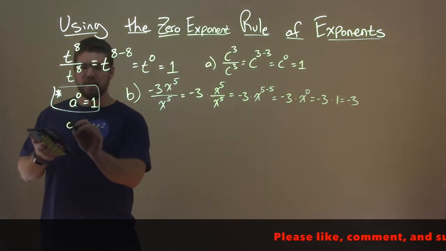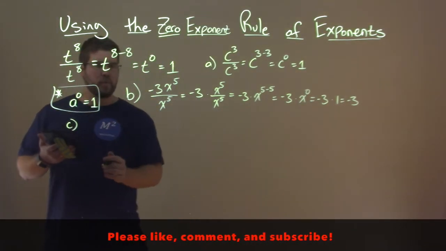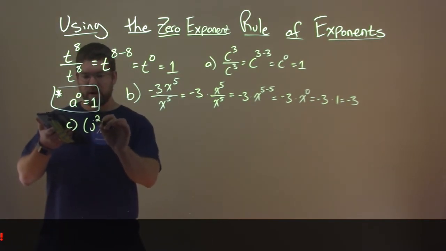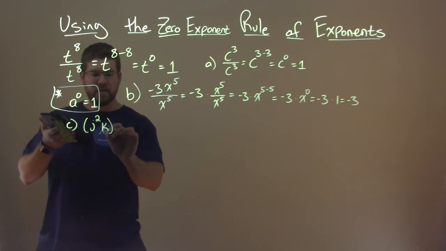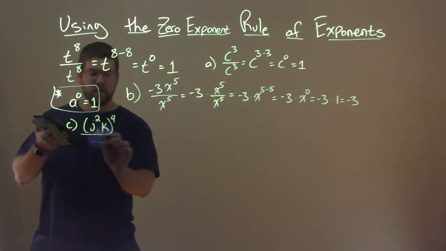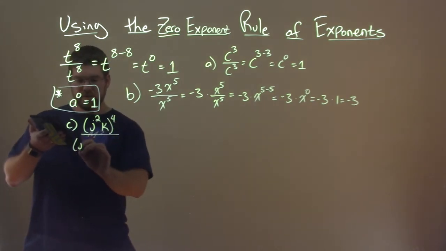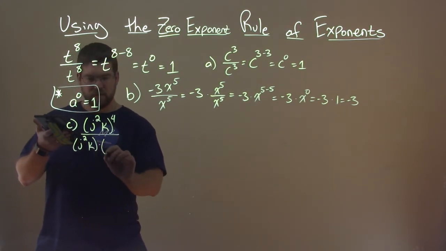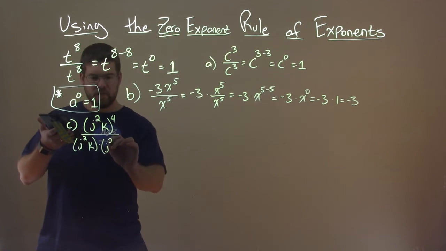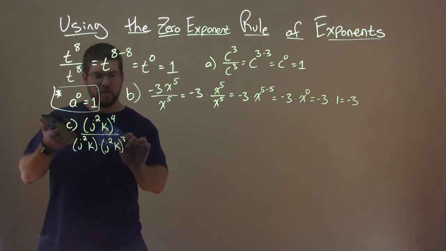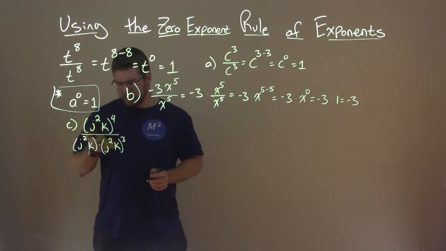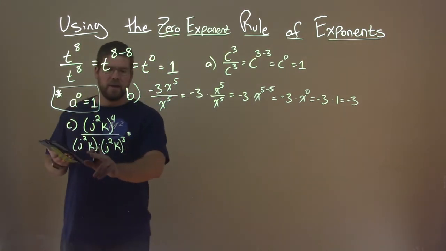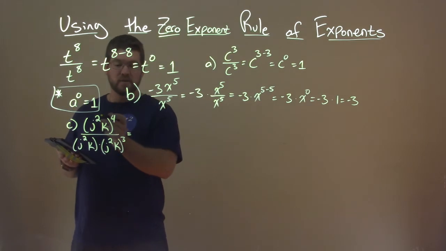We have c here, and this one's a little more complicated. J squared times k to the 4th power over j squared k times j squared k to the 3rd power. So, first thing I notice is we really have a base of j squared times k.